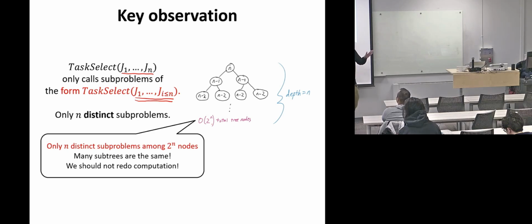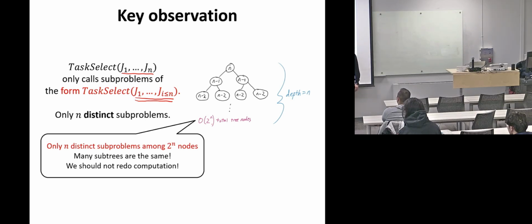That's the type of subproblem that you ever look at. And how many prefixes are there when the set is of size n? It's just n prefixes. So although this tree has 2 to the n nodes, there are really only n distinct subproblems among these 2 to the n nodes. Most of these are the same.